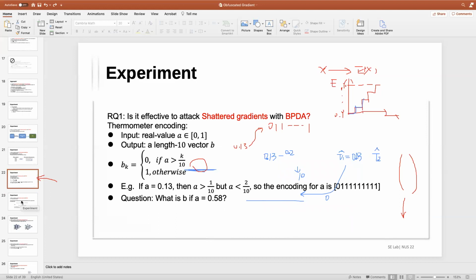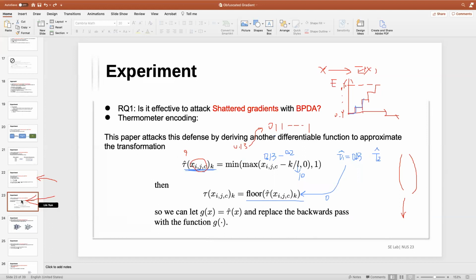Okay, if k is 9, it's 0 or 1. So let me look at this one. The first one is 0.1, 0.3. Somehow, do you have a miscalculation here?